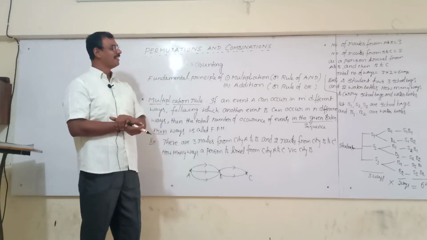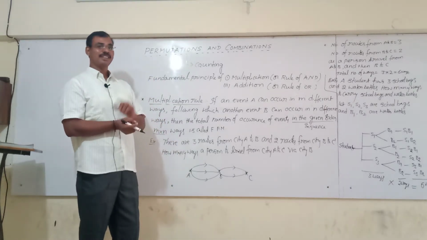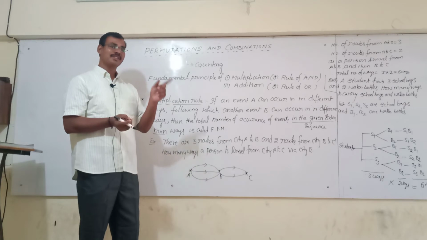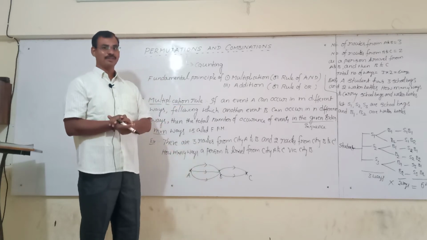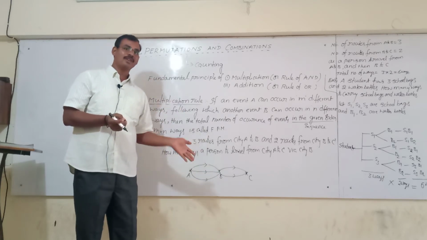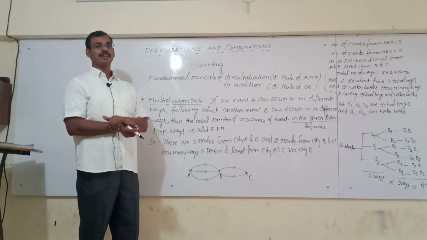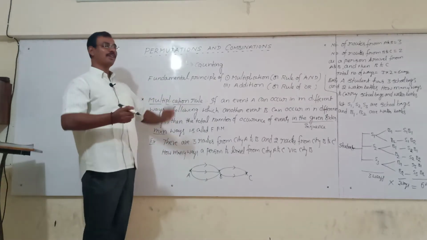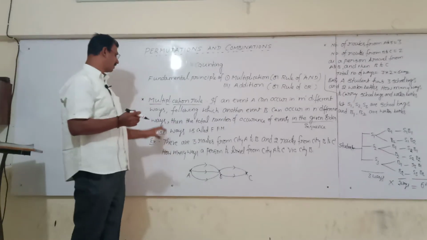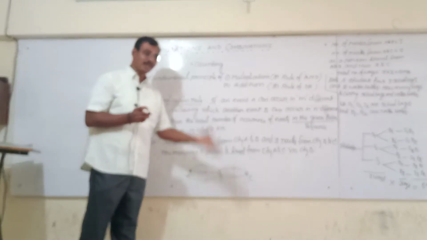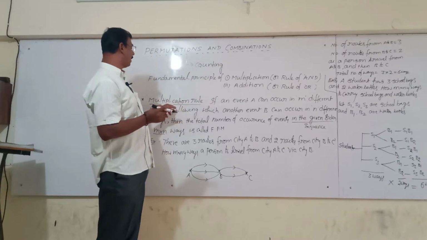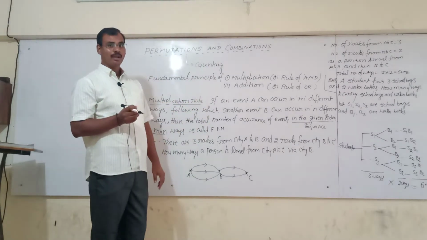It is not correct, because he must wear a shirt with pants. Wearing any one of them only, can he go outside? No, never. So that is why we have to use the multiplication rule.